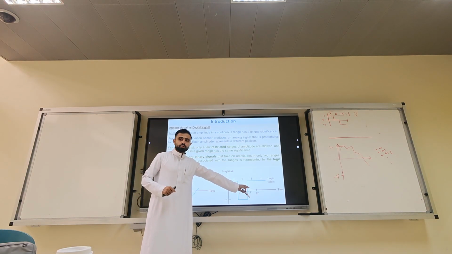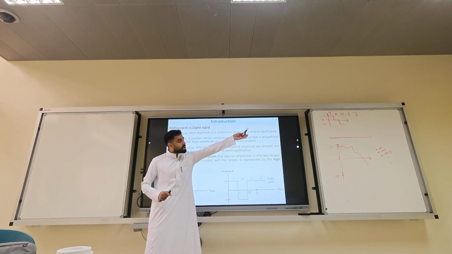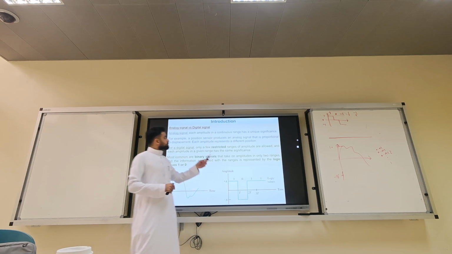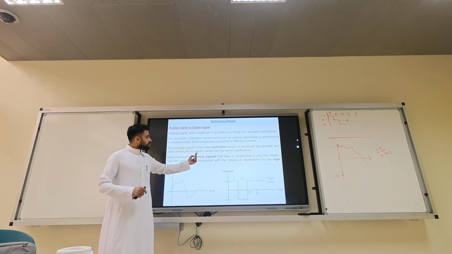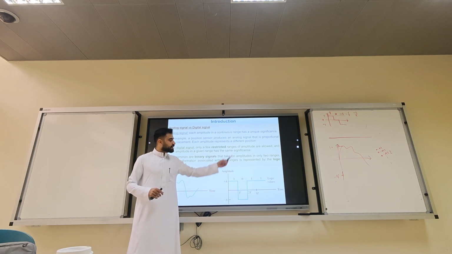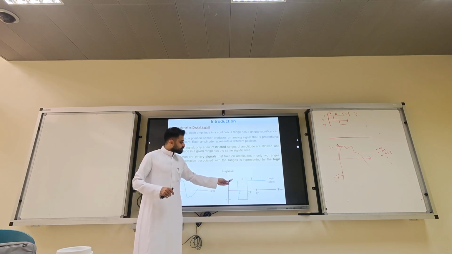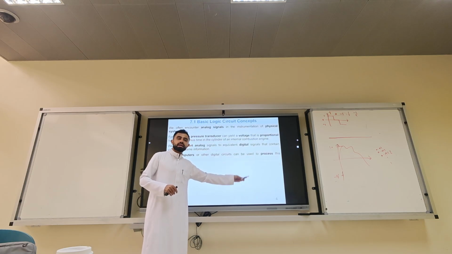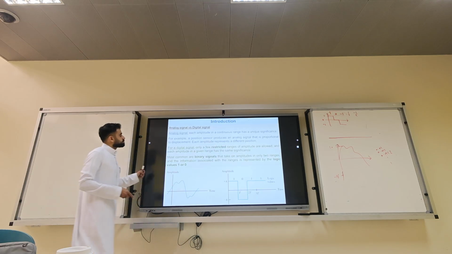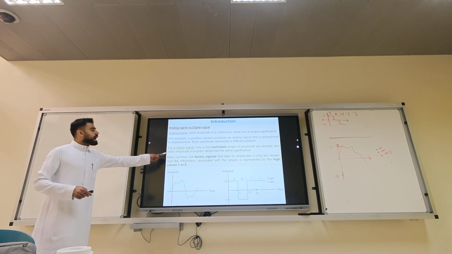Better is to have two levels. I can have 3, I can have 5, but it's by design. And each amplitude in a given range has the same significance. Meaning the 1 and the 0 have the same significance. Most common are binary signals.